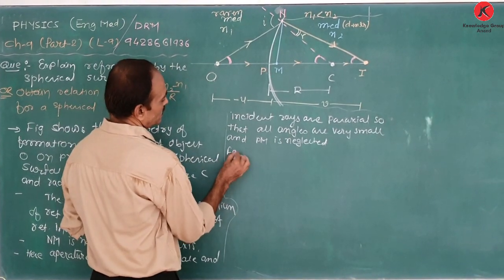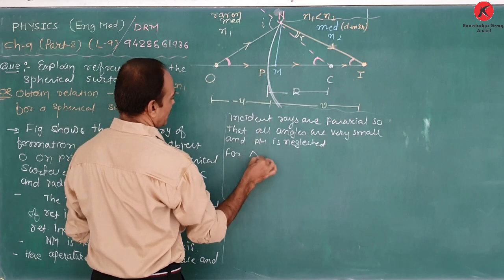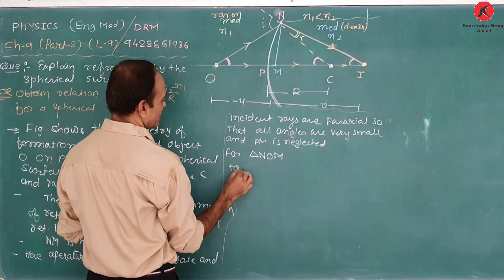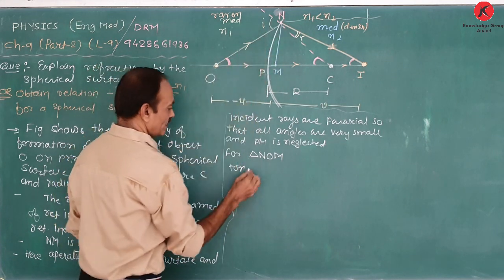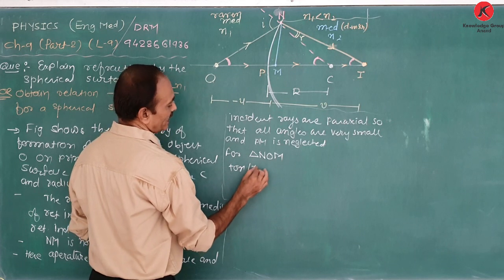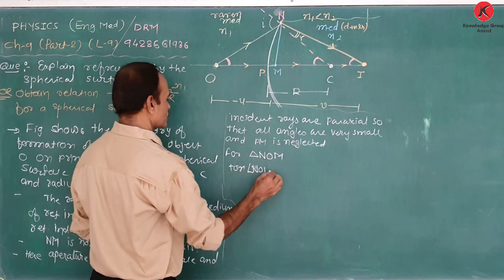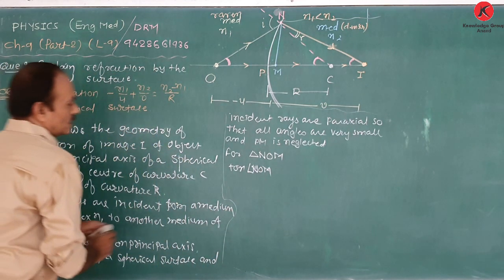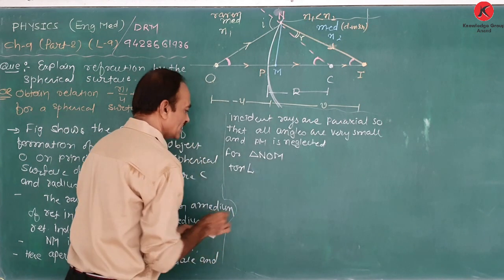Now, for triangle NOM, the tangent of angle NOM is the opposite over the adjacent. But here the incident rays are paraxial, so this angle is very small.